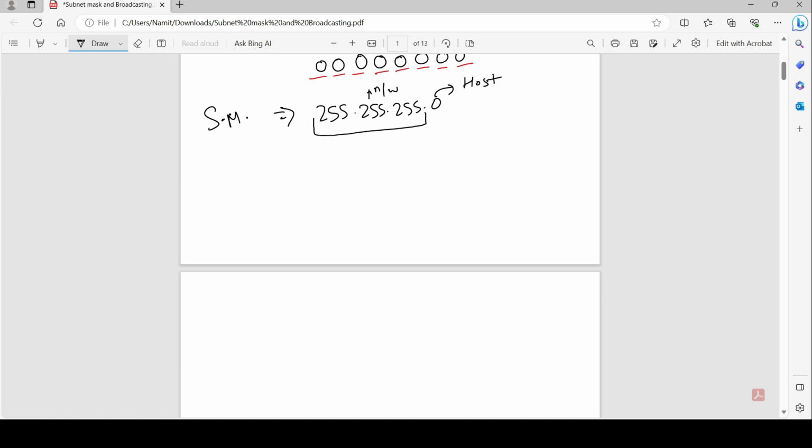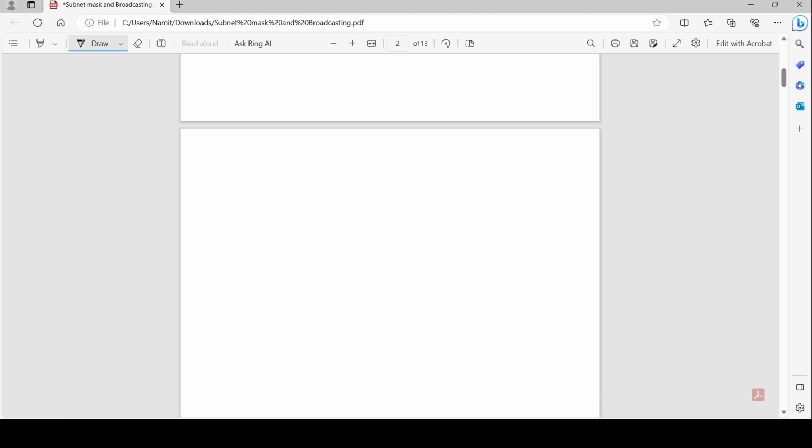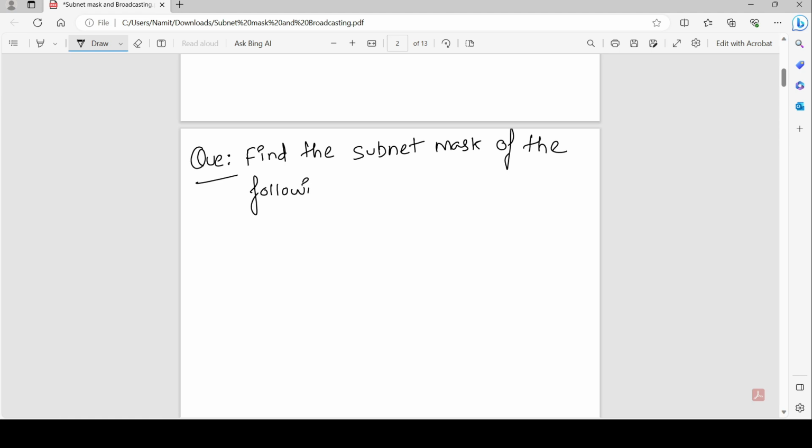So for the time being, I have a few questions for you. Okay, this is my question: find the subnet mask of the following IP addresses.